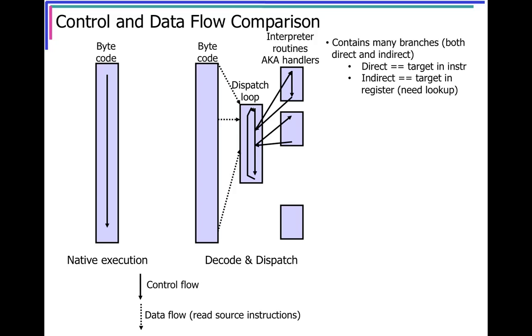Indirect branches are where we have to do a lookup to figure out where we're jumping to. Typically here in the native ISA, the native code, the binary instruction encodes a register address. And so this instruction, in order to make a jump, has to go and get the value that's in that register, do a lookup to see what value is in that register, and then jump to that instruction.